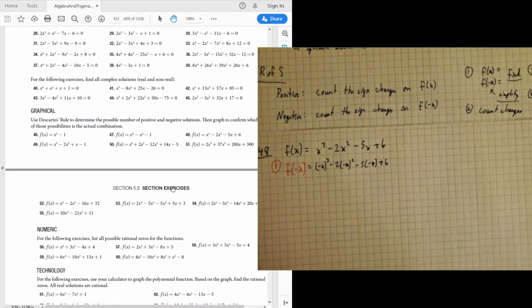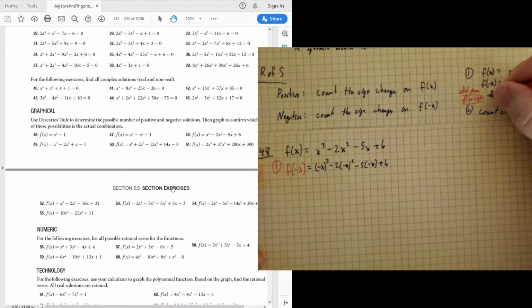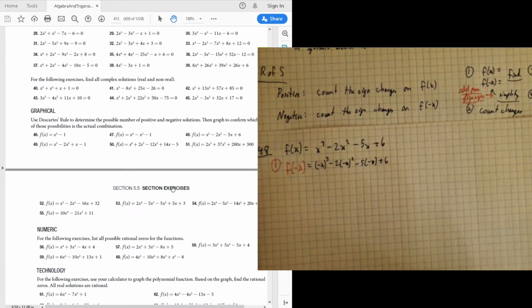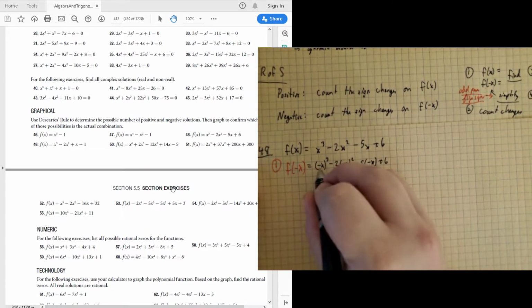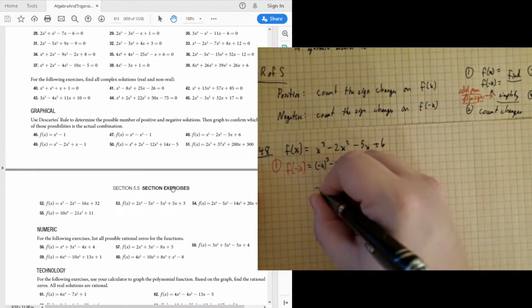The trick here is odd powers flip signs. That's one of the best ways to simplify this, okay? The odd powers will flip. Evens aren't going to do a thing, and there's a good reason why. Let's take a look. We already did one with x cubed, so we know this is going to become negative x cubed.